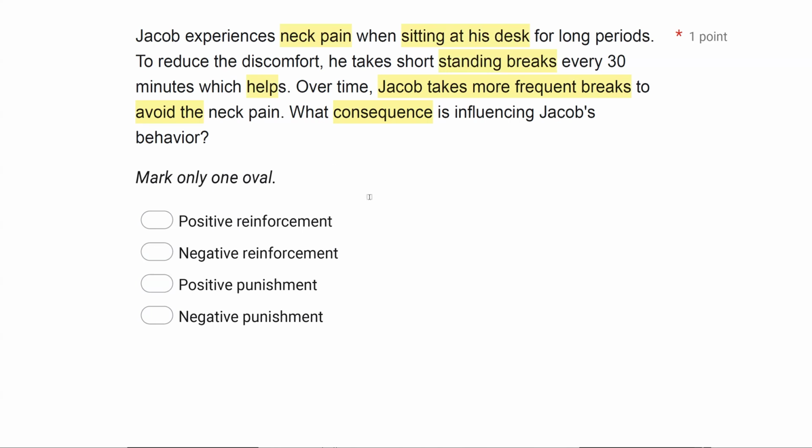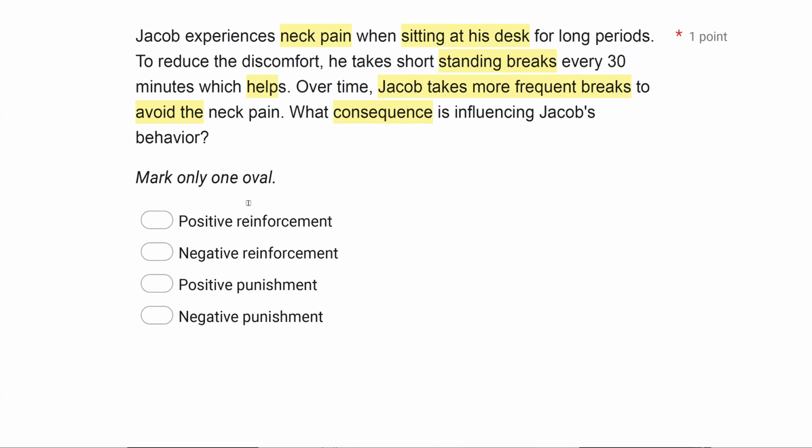So if you look at A, positive reinforcement, it does appear to be reinforcement because Jacob is doing it more in the future, but it is not going to be positive because nothing is being added, right? The antecedent is neck pain. The response is standing breaks. The consequence is the removal or the avoidance of more neck pain. So Jacob is actually removing something. This is another situation where the function appears to be avoidance, where it also might be automatic, but we can talk more about function later.